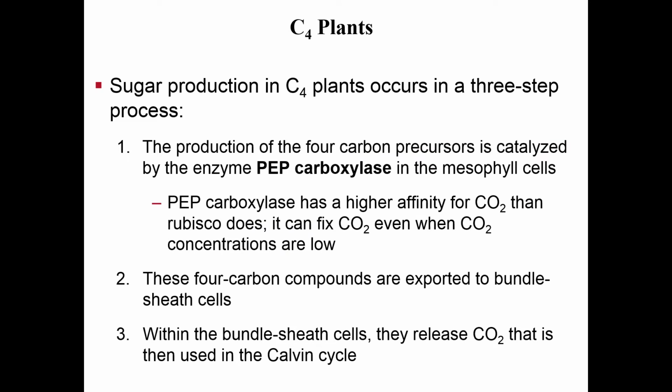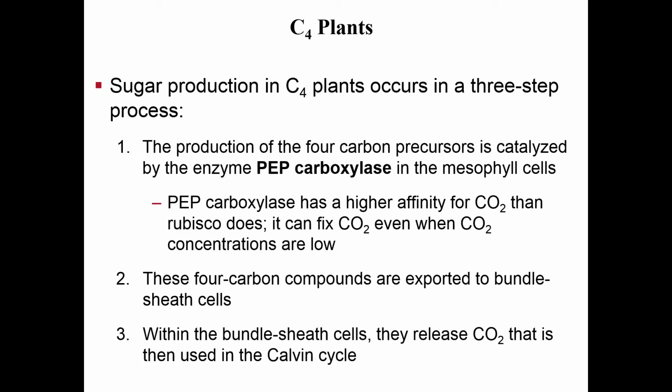So keeping in mind the tissue structure of this plant, in the mesophyll cells of your C4 plants, you have an enzyme called PEP carboxylase. PEP carboxylase takes up the CO2 that the leaf brings in through its stomata, and it has a much higher affinity for CO2 than Rubisco.